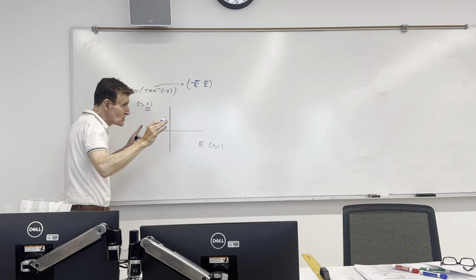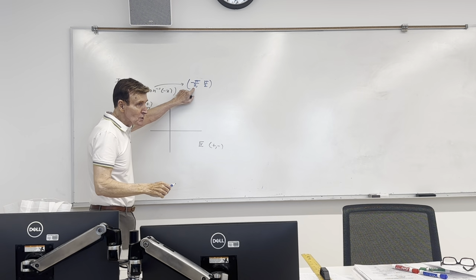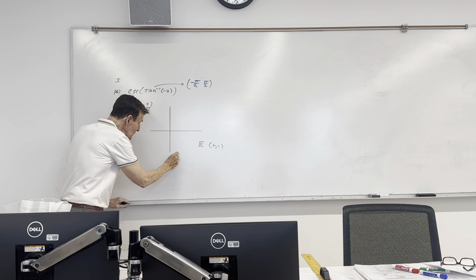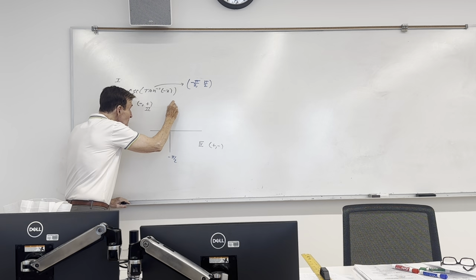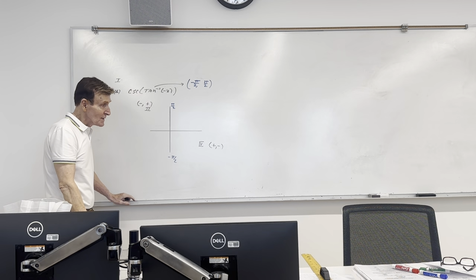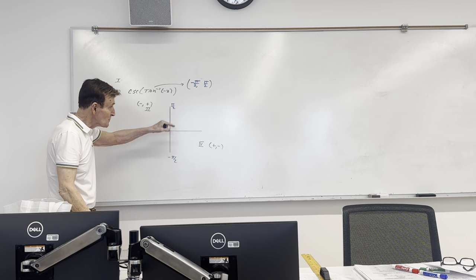Guys, here's the translation, which will help you out. If I'm caught between negative pi over 2 and a positive pi over 2, here's negative pi over 2, here's positive pi over 2. Does that make sense? If I go this direction, it's -90. Go this direction, it's +90.